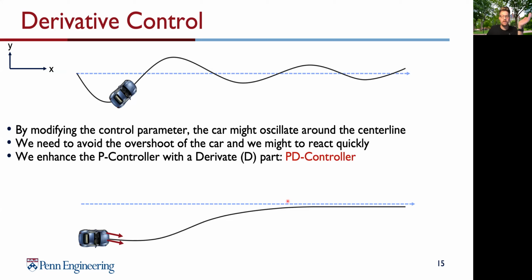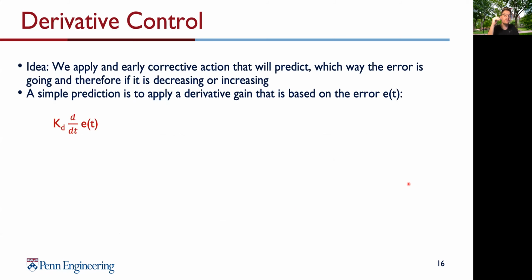The car will counter steer, and we're approaching this curve more smoothly. So the idea is now we apply an early corrective action that will predict which way the error is going, and therefore if it is decreasing or increasing.